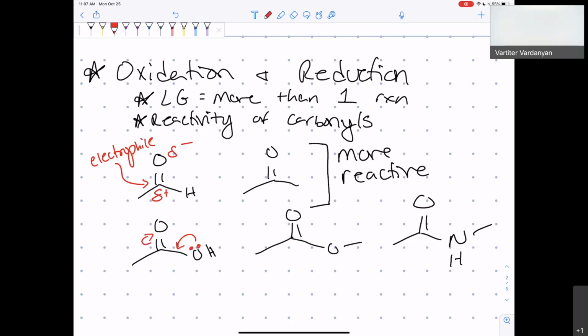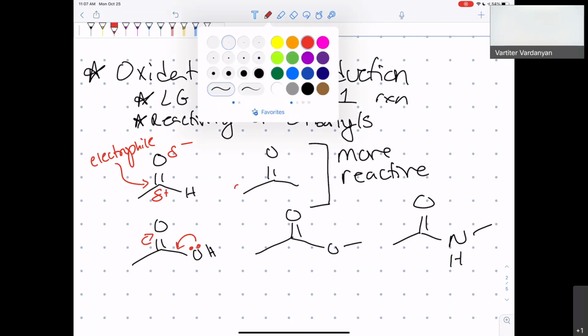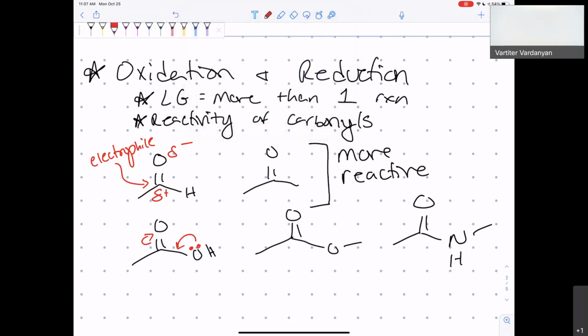Resonance. Cool. So all of these guys on the bottom are going to donate via resonance effects, whereas what do these carbons? Inductive effects. Cool. So things that play a role are inductive effects, resonance effects, and one more thing.